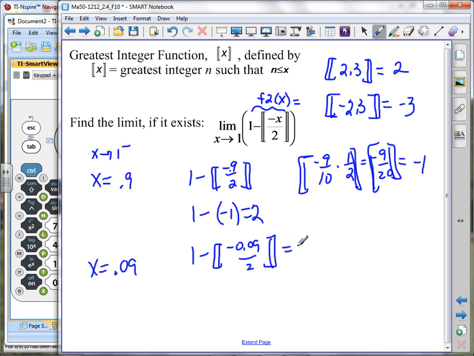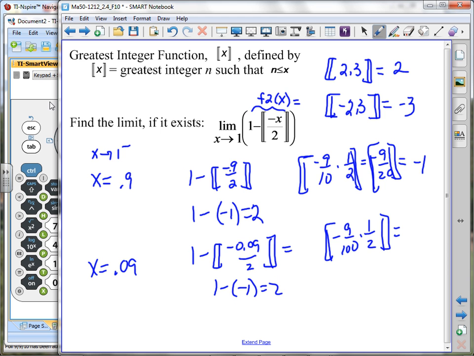That's equivalent to, well, let's see. -9/100ths divided by 2 is that. And so I'd end up with -9/200ths, which again is going to be -1, which again is going to be 1 minus a -1 or 2.